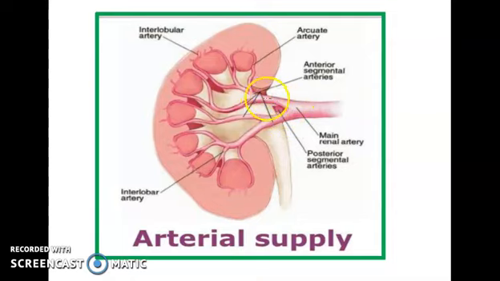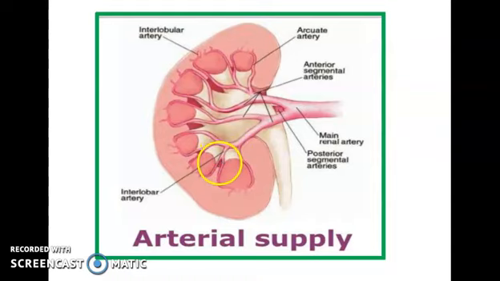So there are 4 segmental arteries which are given on the anterior side. Here you can see these are the apical, upper, middle and the lower segmental arteries. From the segmental arteries, it gives the lobar arteries. Lobar arteries go and supply the lobe, and then it gives the interlobar artery between the 2 lobes.